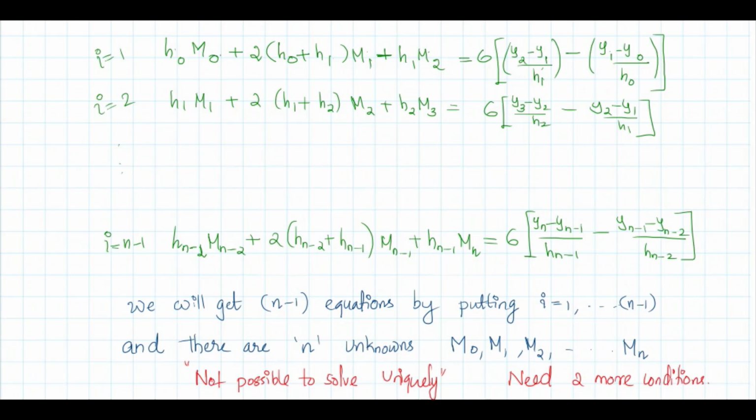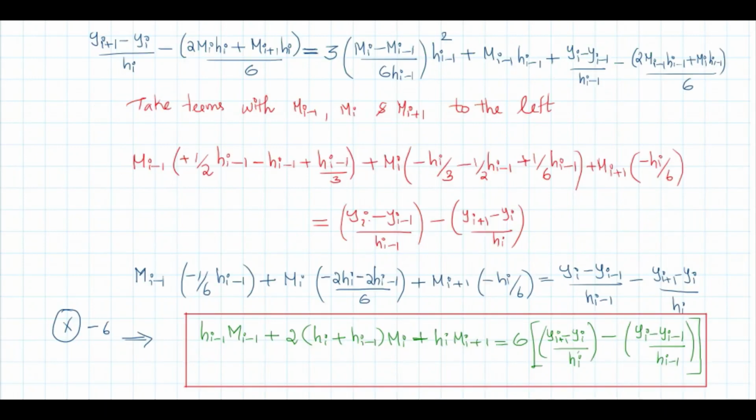And what are the unknowns? h0, h1 are all known. The values y0, y1, y2 up to yn are known because the data points are already given. The unknowns are m0, m1, m2, up to mn. What are these m0 to mn?